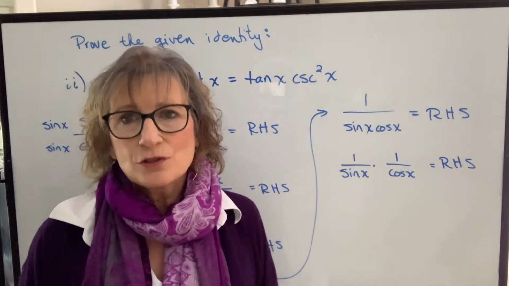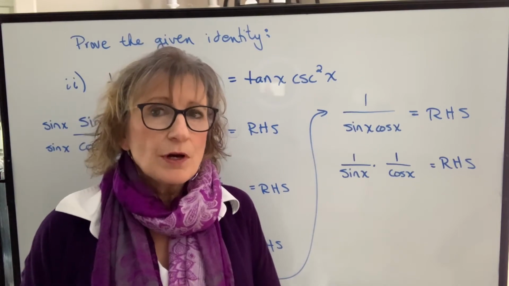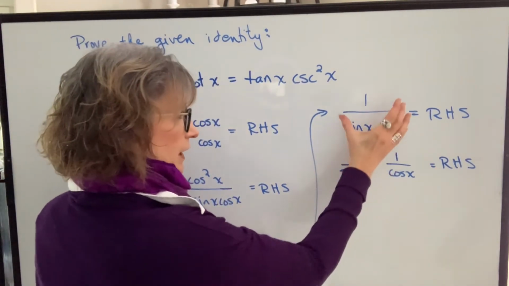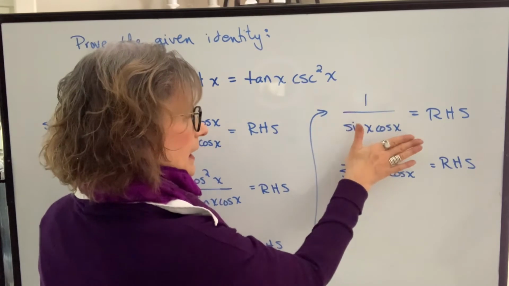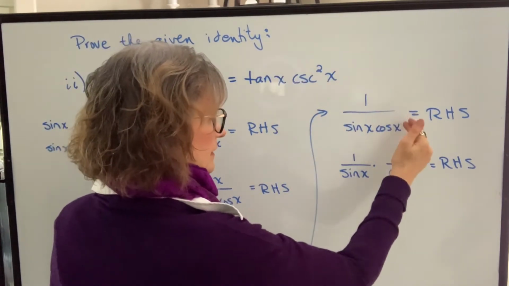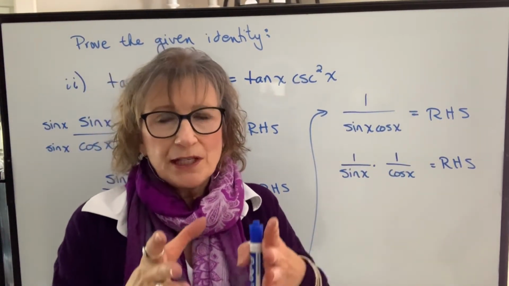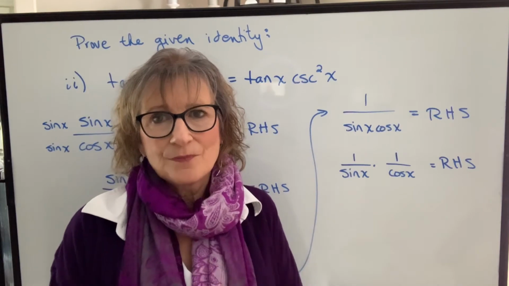Cosecant, think of it in terms of sine. It is possible if you get to this point, and then you can take a look at this side and manipulate this side until it's equal to this. That's acceptable, as long as you're only manipulating one side at a time.